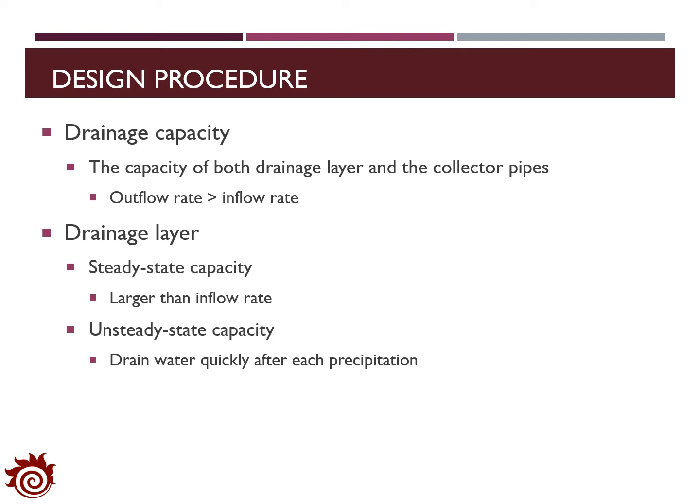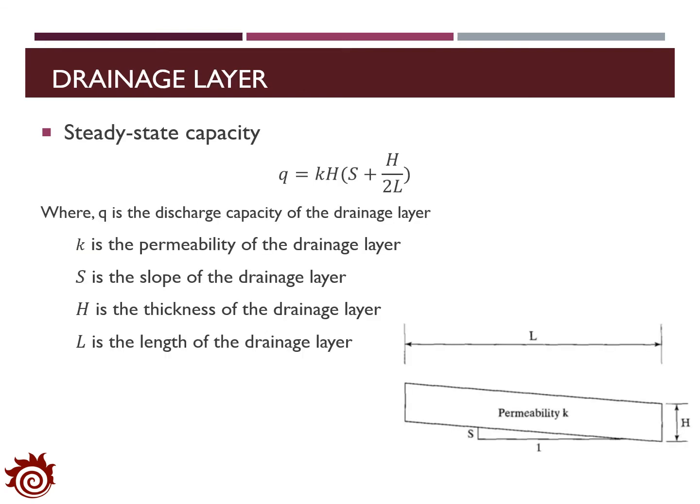At first, the layer should have a steady state capacity which is larger than the inflow rate, so that it won't retain any water in the pavement structure. Second, it should also have an unsteady state capacity, so that it's able to drain the water quickly after each precipitation.